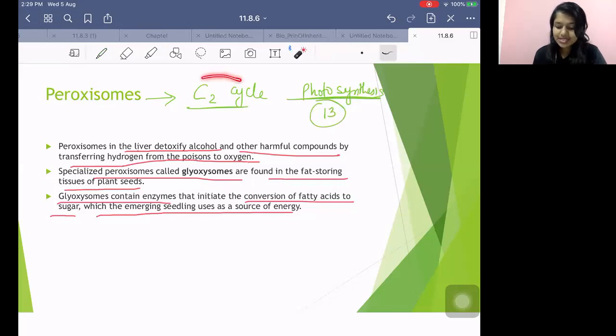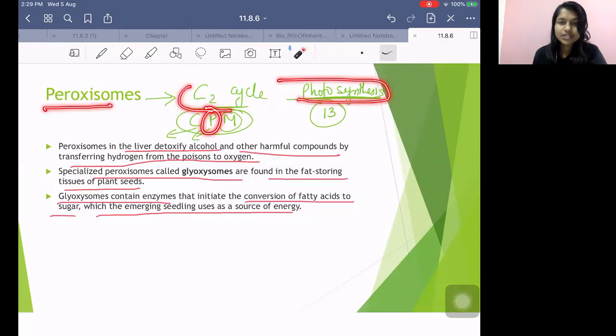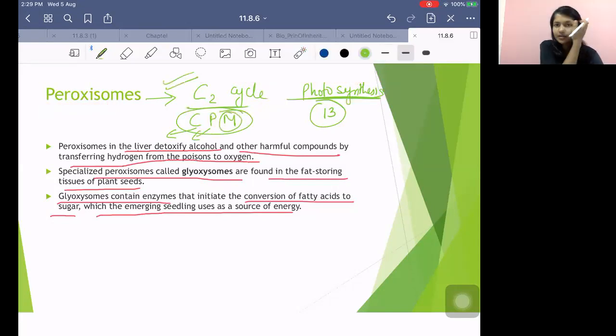There we will learn the C2 cycle, and the C2 cycle is actually called CPM, which stands for chloroplast, peroxisome, mitochondria. Can you see peroxisome here? So this peroxisome is involved in photosynthesis also, in the C2 cycle. One function. Got it?